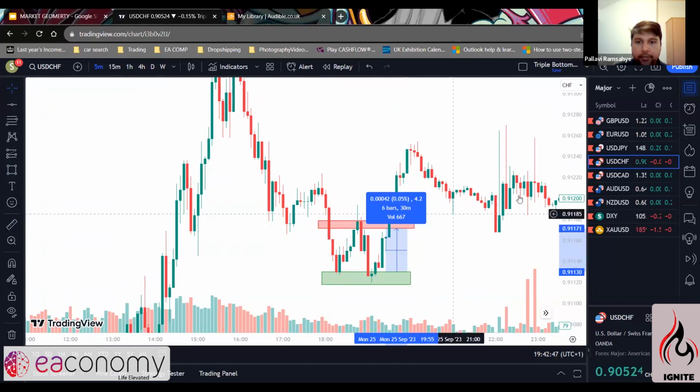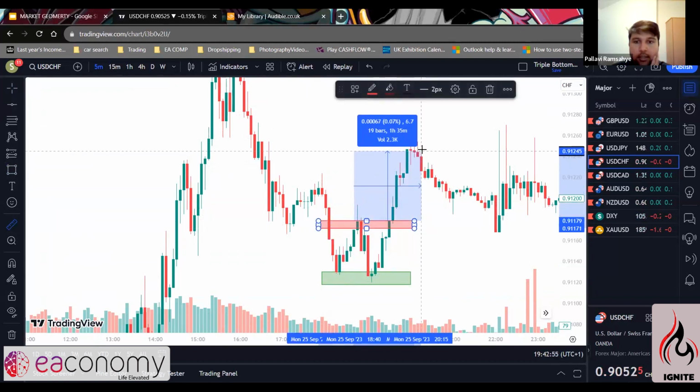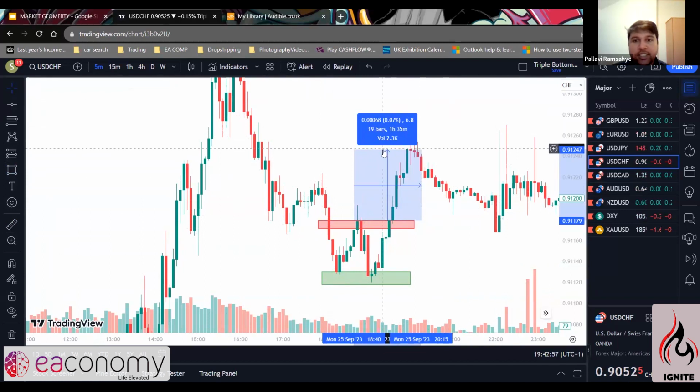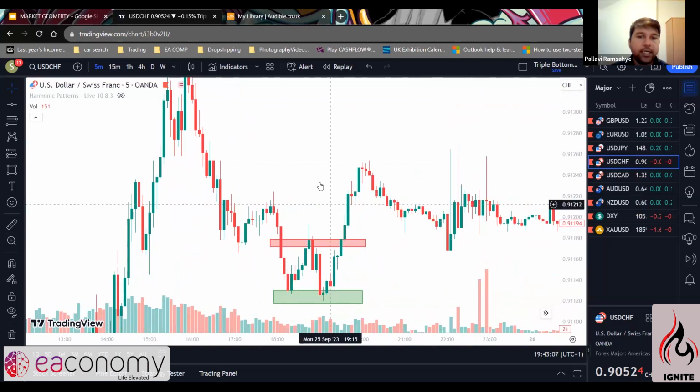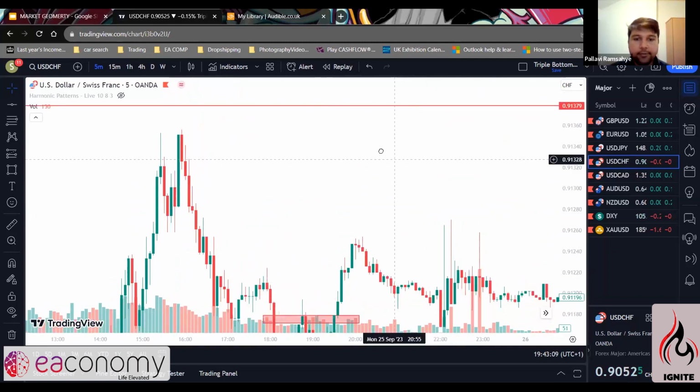So that's 4 pips, okay? So depending on your risk to reward, as you can see there, your risk to reward on a lower time frame won't be as great, just due to the fact that it is a lower time frame. You're looking at smaller moves, so you'll be scalping at that point.